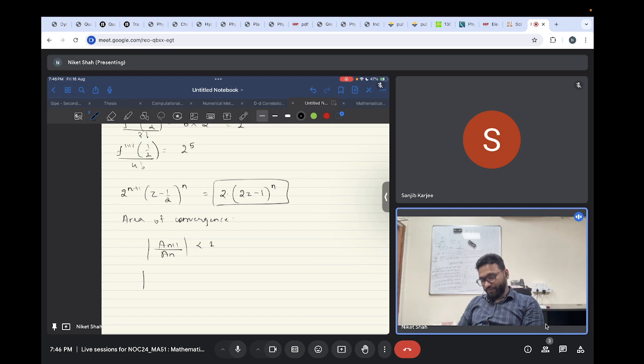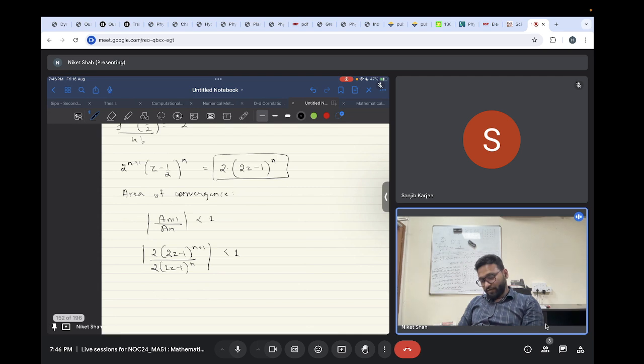So 2 into 2z minus 1 raised to power n plus 1 divided by 2z minus 1 raised to n has to be less than or equal to 1. So this gets cancelled. Mod 2z minus 1 less than 1.